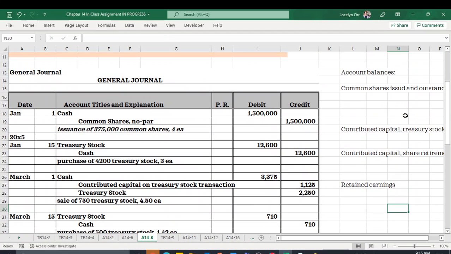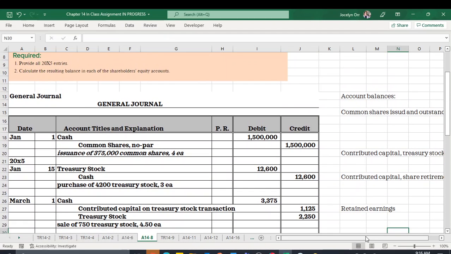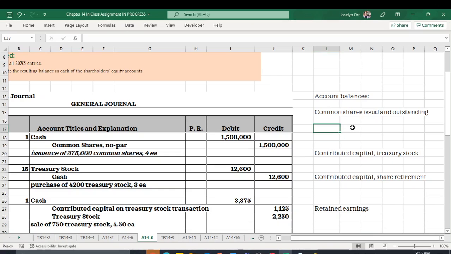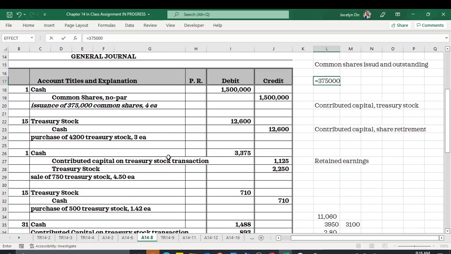So the second requirement of this is to figure out our account balances. Okay, so we're going to start with our common shares that are issued and outstanding. We know that we issued 375,000 to start. Okay, we then repurchased 420, but that's not really affecting our common shares outstanding at this point.